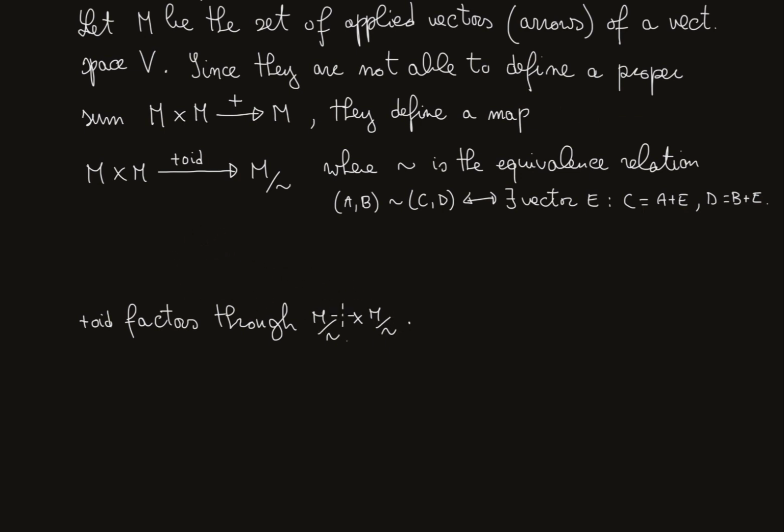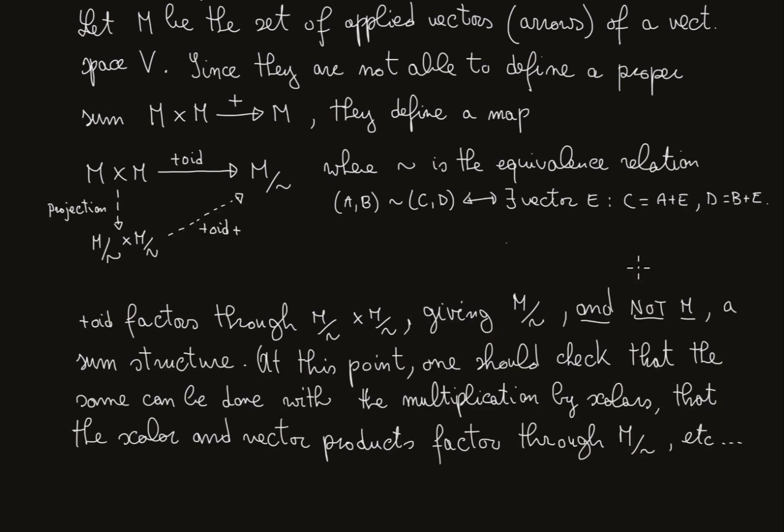So in this case, we do have a structure of sumoid over not the set of applied vectors, but the set of applied vectors modulo this equivalence relation. Mathematically, this means that this sumoid operation factors through the projection on each of the factors of the Cartesian product going down on the same equivalence relation.